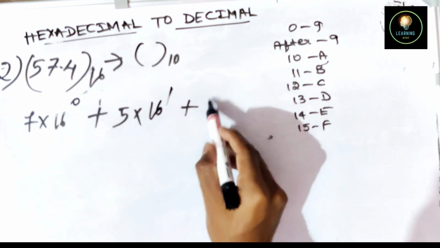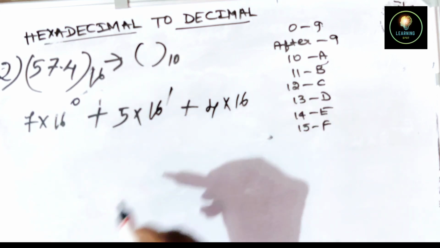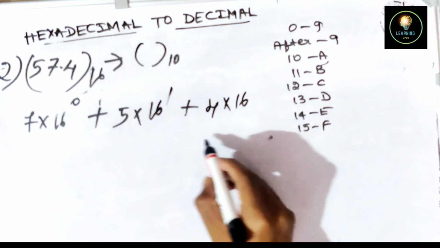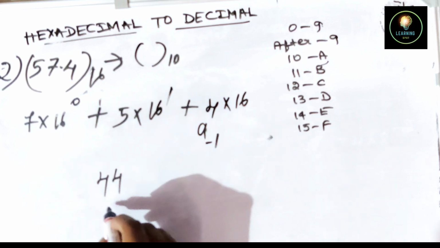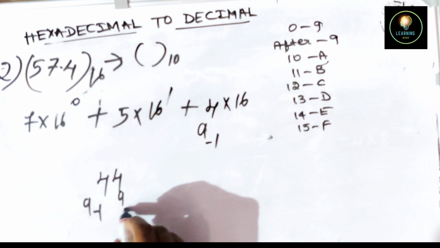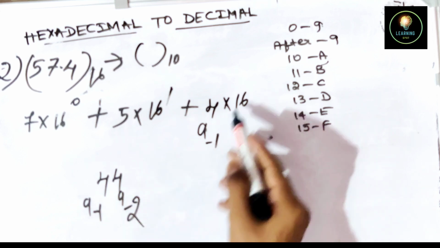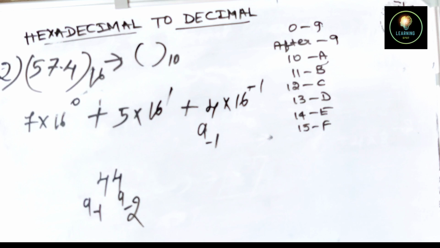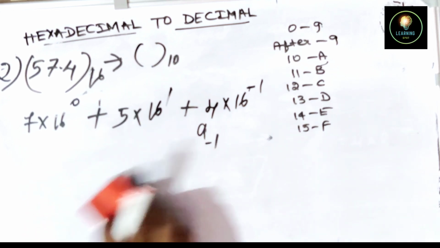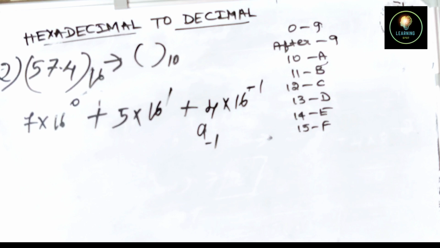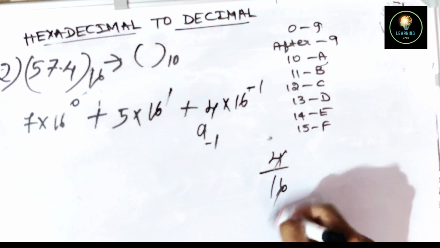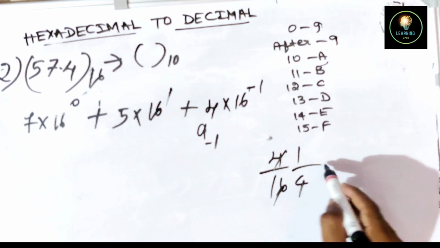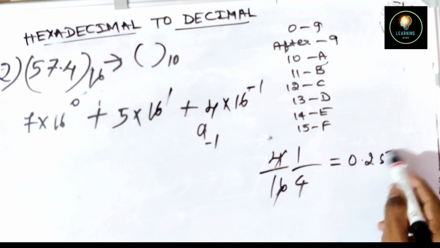After this, 4 into 16 to the power of how much? This term is A-1; if any digit is present after 4, it would be A-2. So we write 16 to the power of -1. 4 into 16 to the power of -1 is nothing but 4 by 16, that is 1 by 4, which is equal to 0.25.